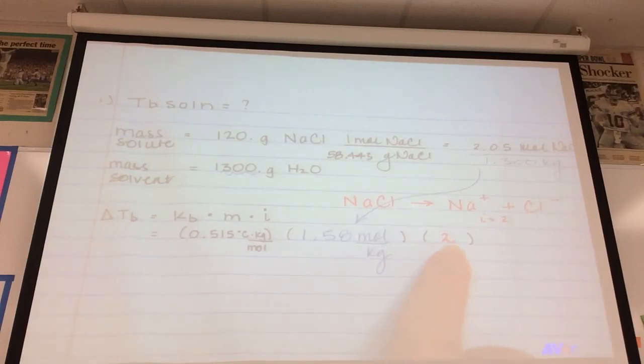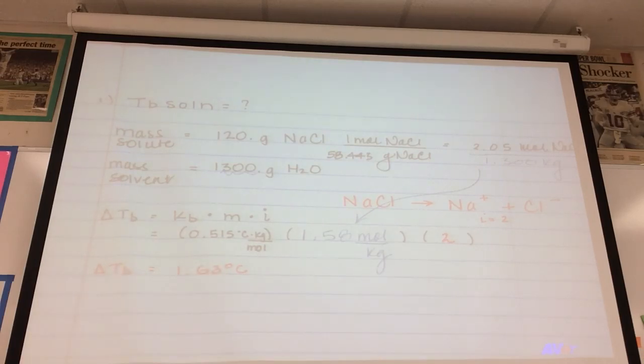Now that 2 is important to calculate delta TB, but it's not important for significant digits, so stay with what you were given here. You have 0.515 times 1.58 times 2, and that's 1.63 degrees Celsius. That's my delta TB. That means that the boiling point will increase by 1.63 degrees Celsius.